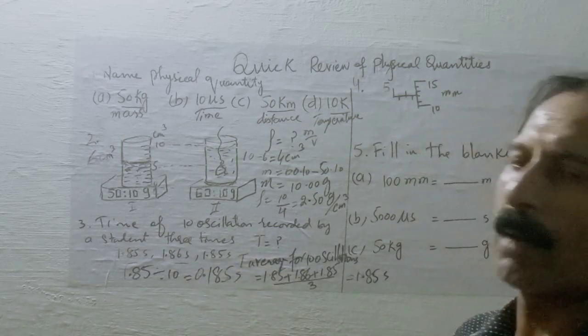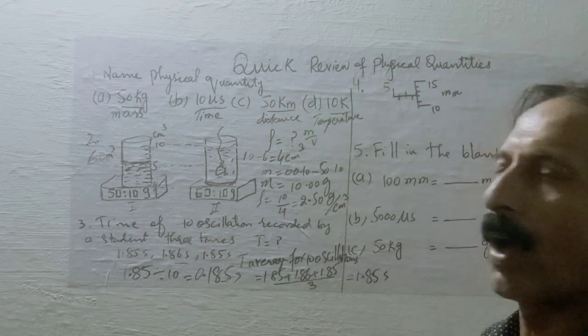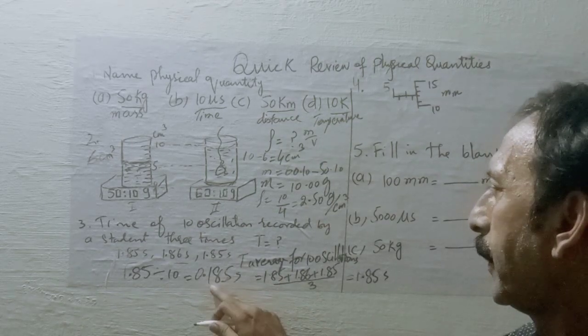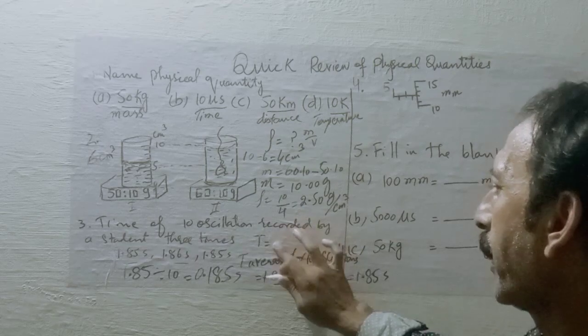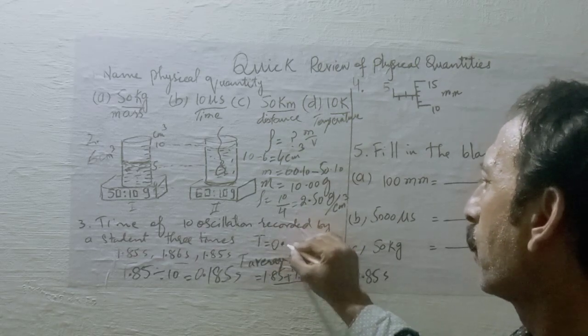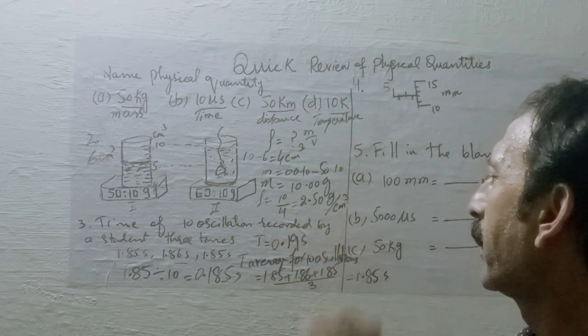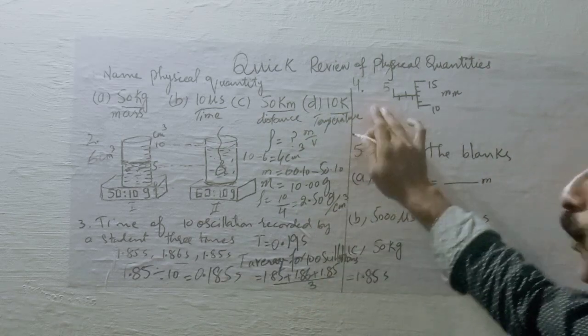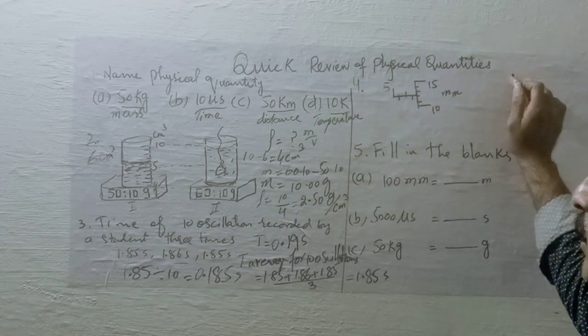You can round it up to 0.19. So your final answer would be 0.19 seconds. The fourth question, boys, is about micrometer screw gauge.